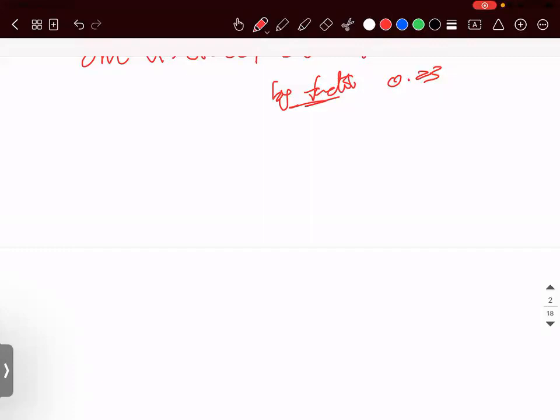What does object size mean? H. H is equal to 4 centimeters, and it is placed at 25 centimeters in front of the concave mirror. So what is 25 here? U. Is U plus or minus here? Minus, because it is towards the left, right?